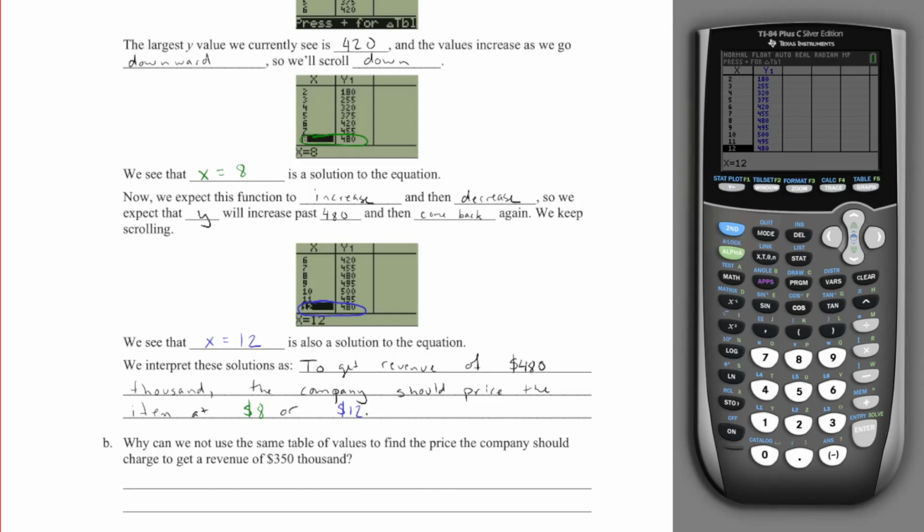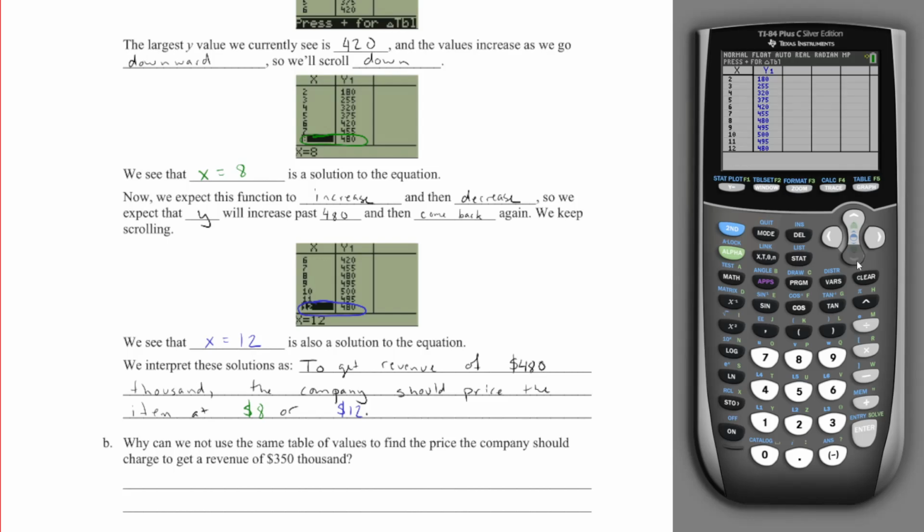To see why, let's look at this table again. And suppose we wanted to find the price to get revenue of $350,000. Well, we see that when x is 4, y is 320. When x is 5, y is 375. 350 falls between there.